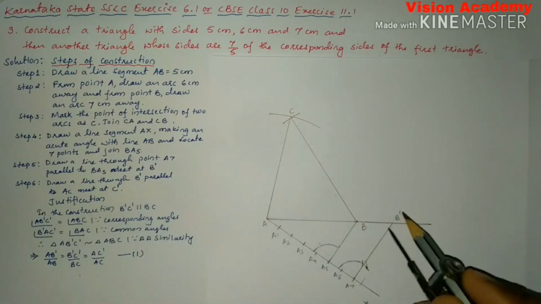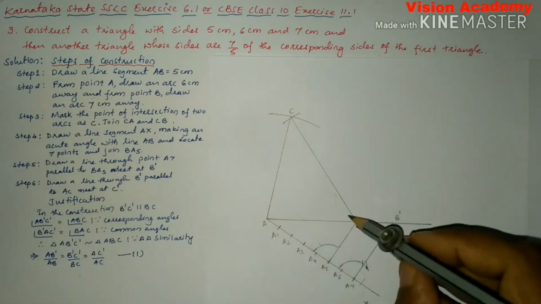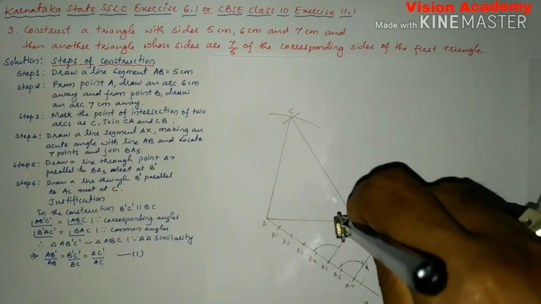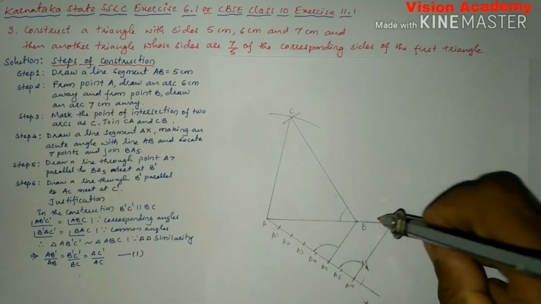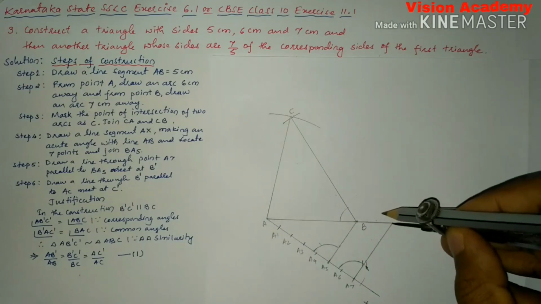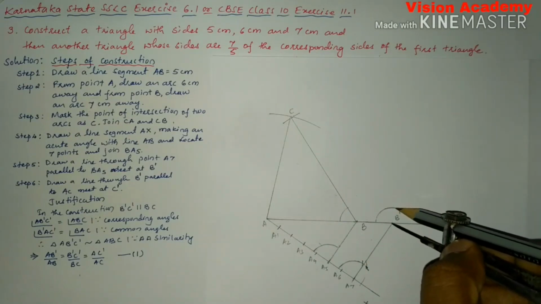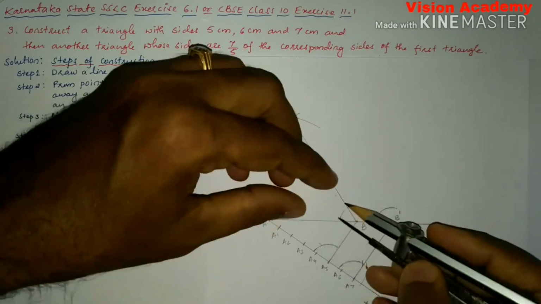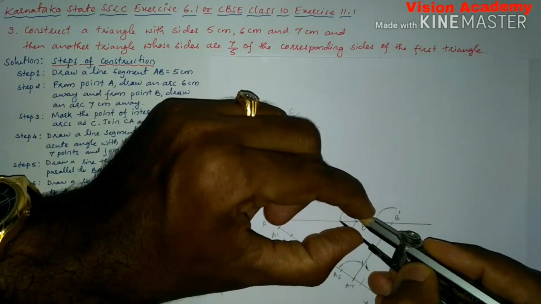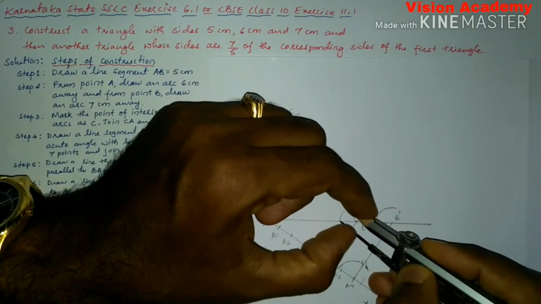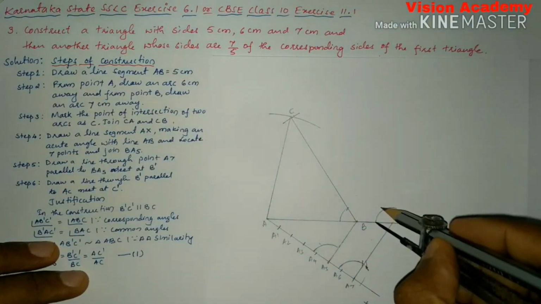So in order to draw a parallel line to this BC, let us draw an arc from point B dash. Now take the measurement of this arc and, keeping on this point, we'll cut it here.